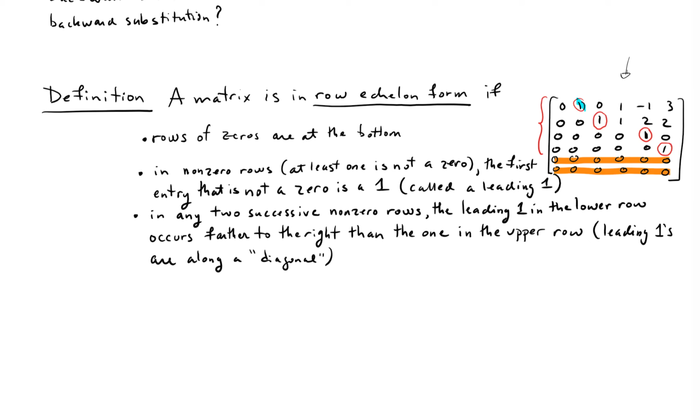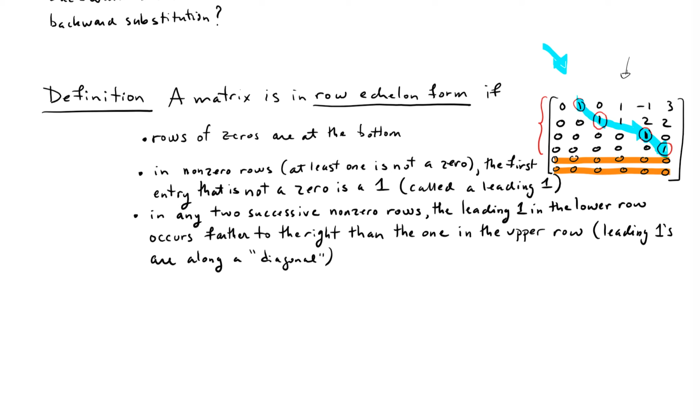So you see here, if I've got a leading one, the next one has to be a little more to the right. So you look here, oh yes, it is. See, because I can go along a diagonal like that. And after that, I can go like this and reach the other leading one. So it's a little more to the right again, and this one a little more to the right. So it's not an exact diagonal, but they occur kind of diagonally.